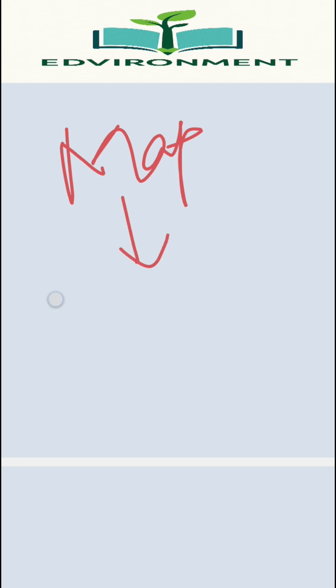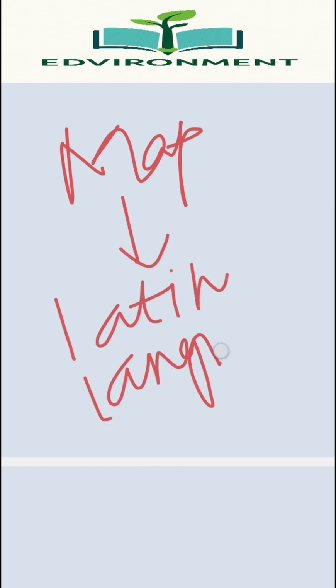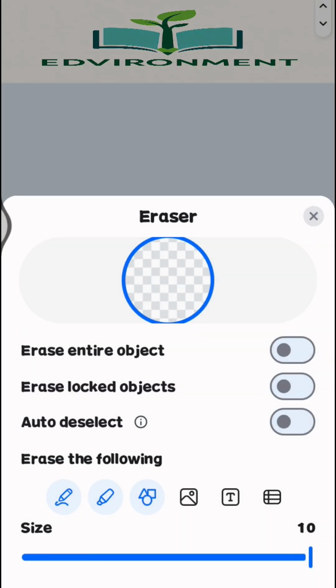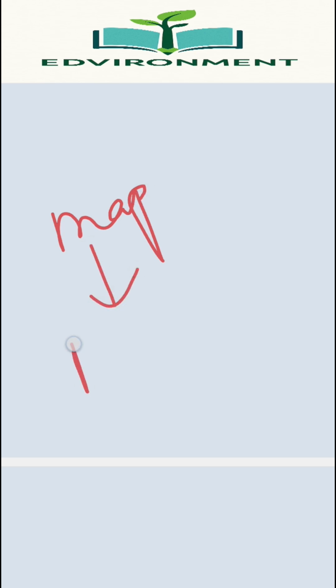The word map comes from the Latin language, from the Latin word mappa.